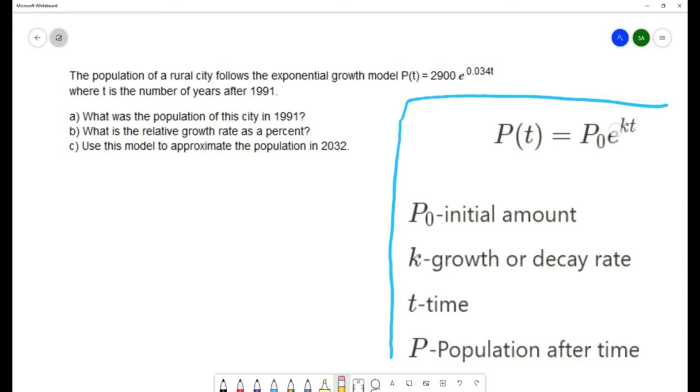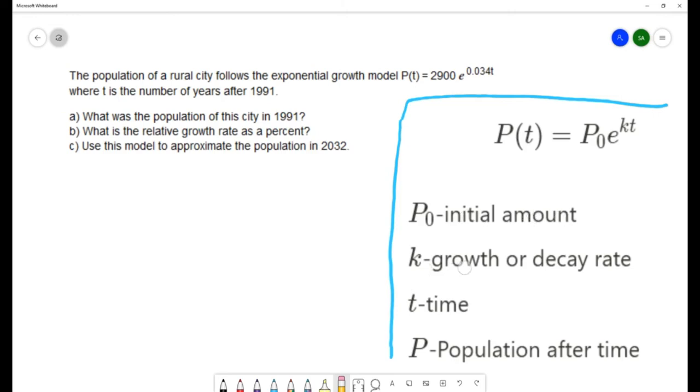So it's important for us to think about what these variables stand for so we can understand it in the one that we were given up here. So P naught is the initial amount, the initial population of our city or whatever we happen to be talking about. So initial beginning amount.